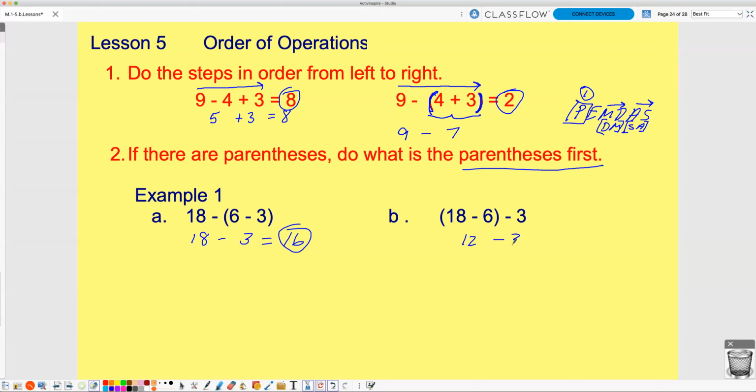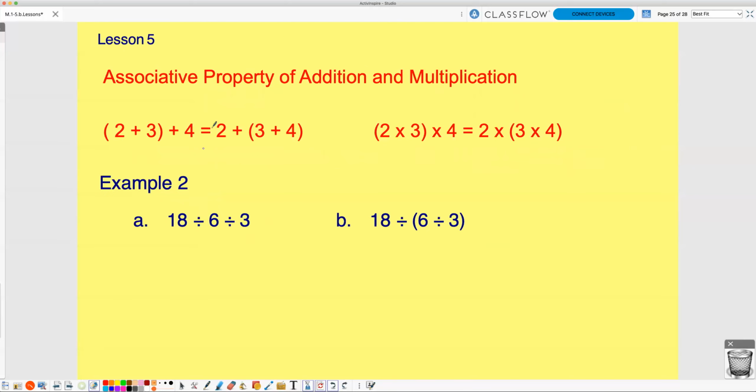And 12 minus 3 equals 9. So you can see it's a huge difference between these two. This one's 15, this one's 9. Answers are totally different because of the order of operations in this case. Okay, so keep that in mind when you're looking at parentheses. Parentheses need to be first.